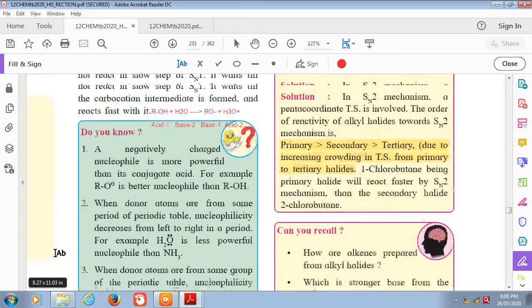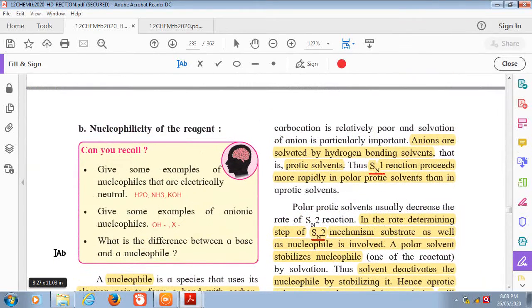The solvation of that carbocation is relatively poor, and solvation of the anion Br minus is particularly important. Anions are solvated by hydrogen bonding. Br minus, because it is more electronegative, gets stabilized by solvating with hydrogen bonding of your solvent.